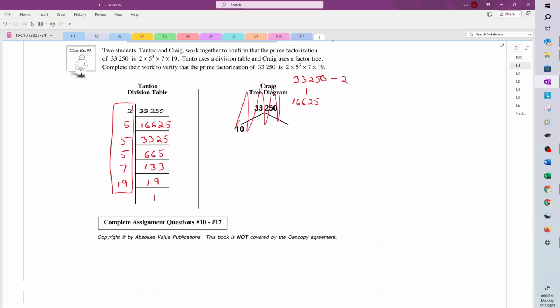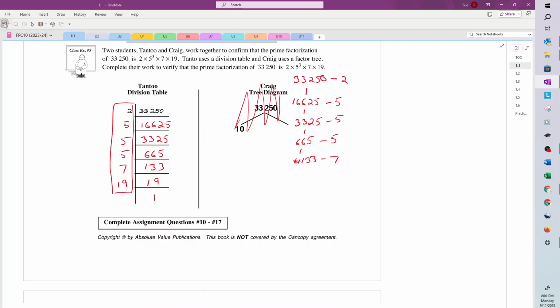16,625. So this kind of looks like a tree diagram that's on its side. This to me is more clear: this number gets broken into that and this, and then this number gets broken into 5 and 3,325, and then divide that by 5, I get 665. I divide that by 5, I get 133. Divide that by 7, I get 19.